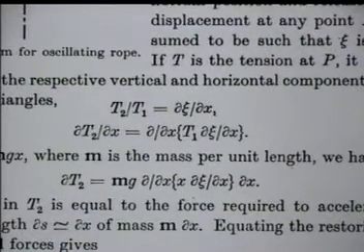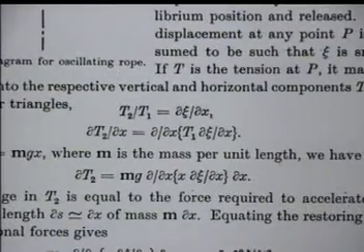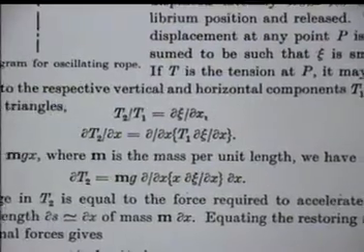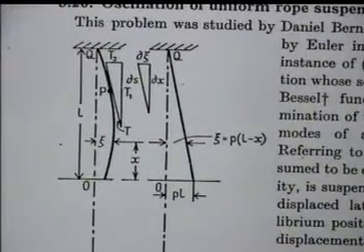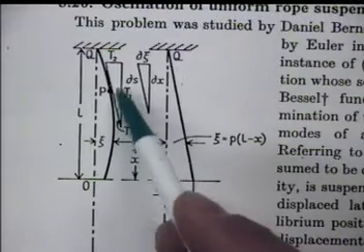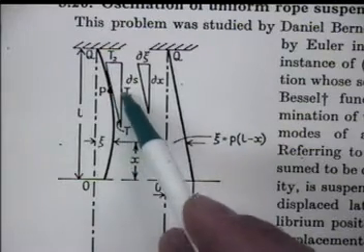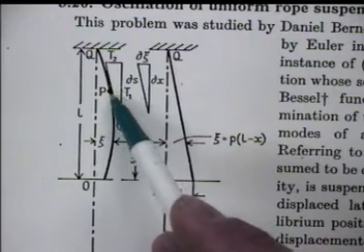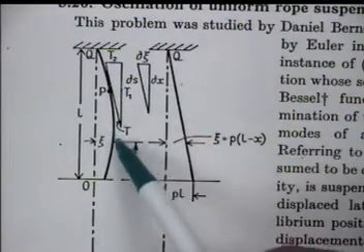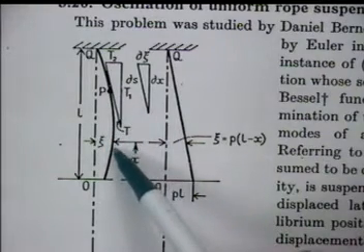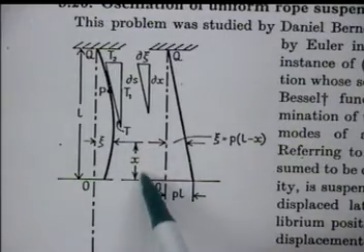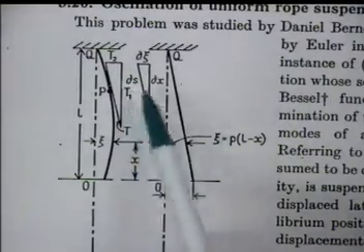Now, T1 in this case, the vertical component, can be equated to the mass per unit length times the length up to that point, so it'll be the mass times x.